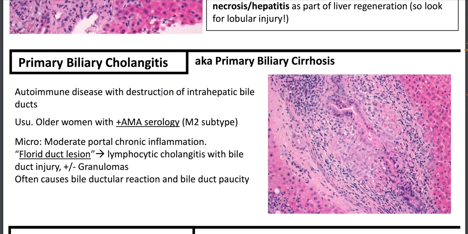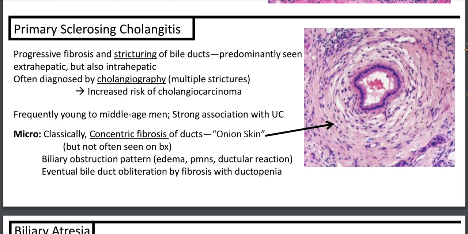Look for the moderate portal chronic inflammation, a florid duct lesion, where you have lymphocytic cholangitis with bile duct injury, and you can have, or not, granulomas, and it often causes bile ductular reaction and over time bile duct paucity.